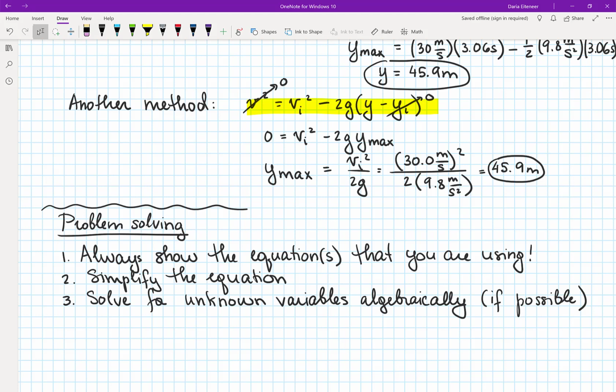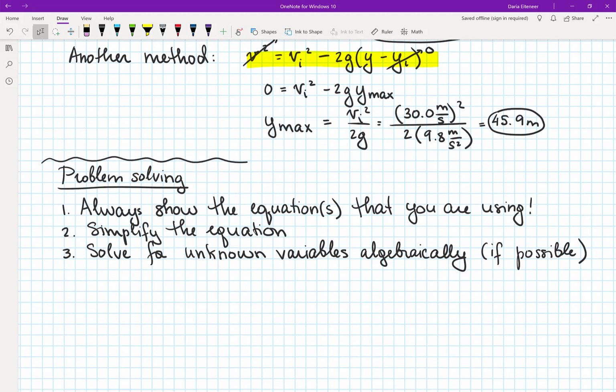Also, we don't really need to worry about it in this class, but there are situations in which you just cannot solve for a variable. So then you plug stuff in and have a calculator or a computer solve numerically for you. I don't anticipate too many of those, but it's a possibility in general. So for something simple, please solve for the variable algebraically first before plugging in values.